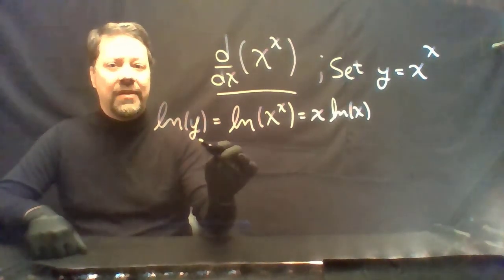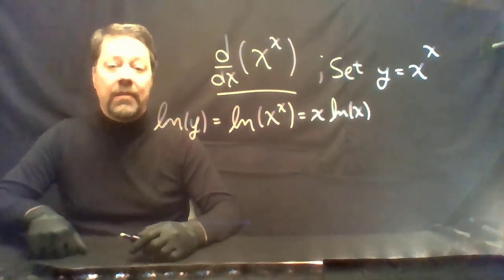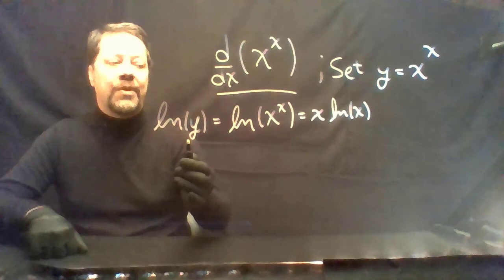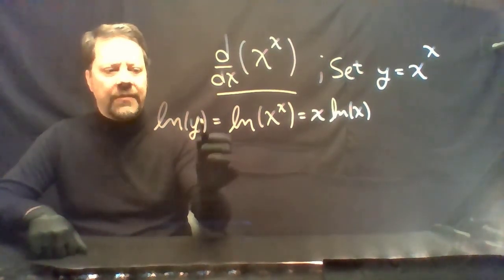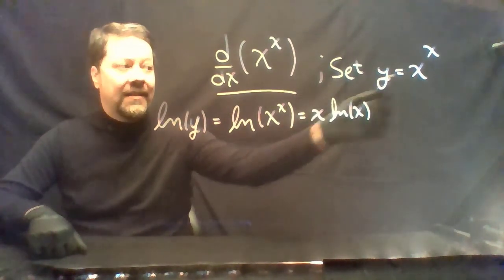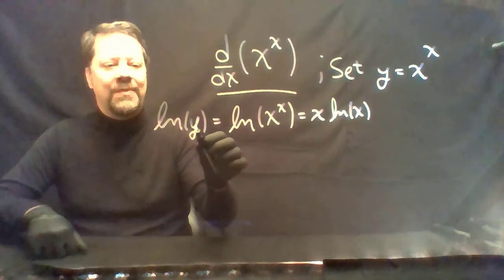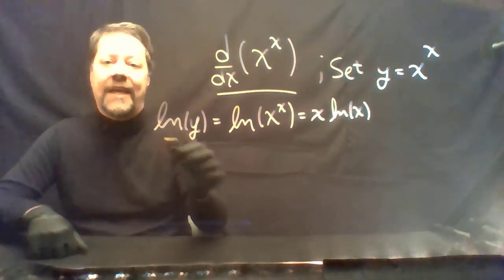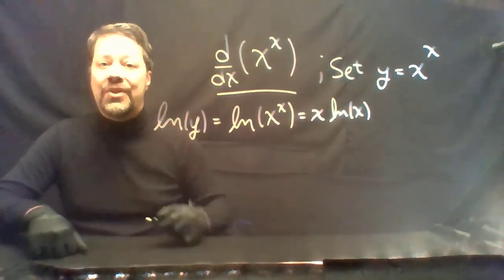We'll have to take the derivative implicitly, as you always do with logarithmic differentiation. We're taking the derivative on both sides, not with respect to y, but with respect to x, assuming here that y is a function of x, which we know it to be. Which means that when we take the derivative with respect to x, we have to consider this as a composition of functions and use the chain rule.